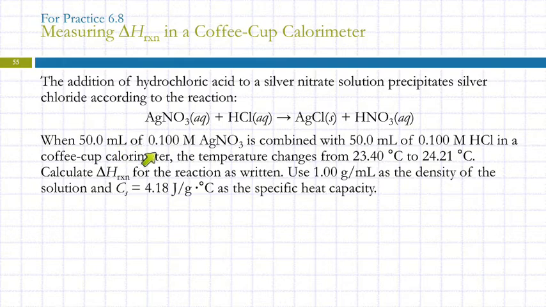When 50 milliliters of 0.1 molar silver nitrate is combined with 50 milliliters of 0.1 molar HCl in a coffee cup calorimeter, the temperature changes from 23.4 degrees Celsius to 24.21 degrees Celsius. Okay, so the temperature in the calorimeter went up. Where did the energy come from for the temperature rise?